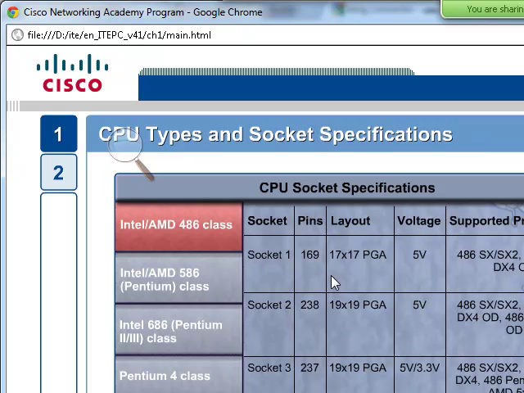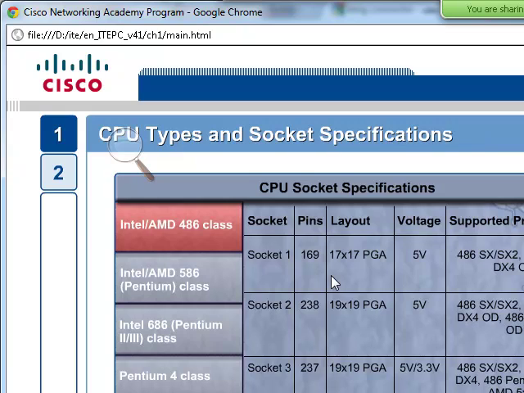They come with different speeds, different frequencies, and different capabilities and features. But from now on, we need to understand that CPUs come with different bus sizes, different energy consumption, and different socket specifications.